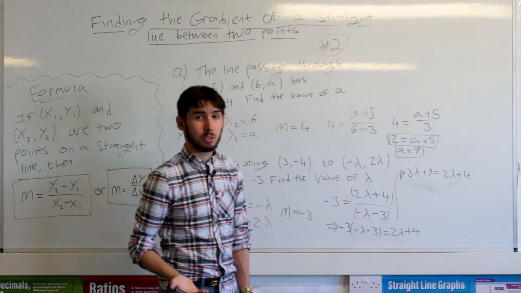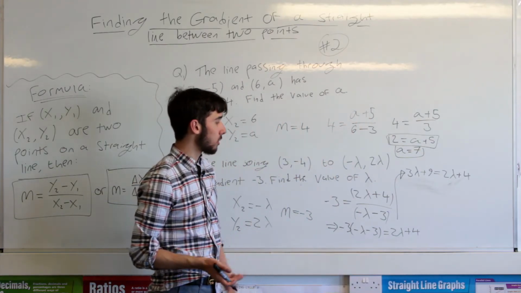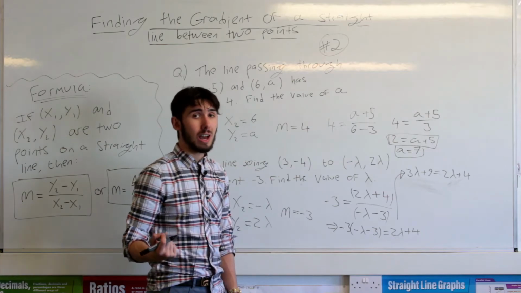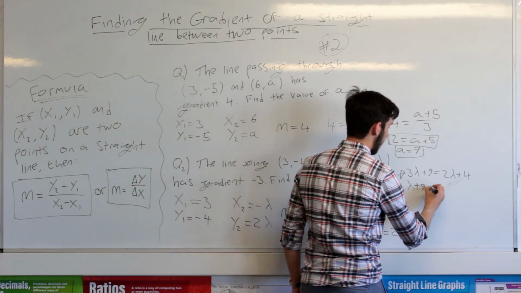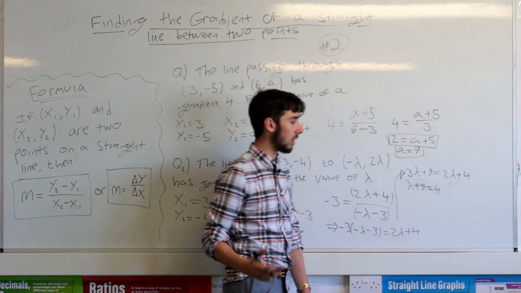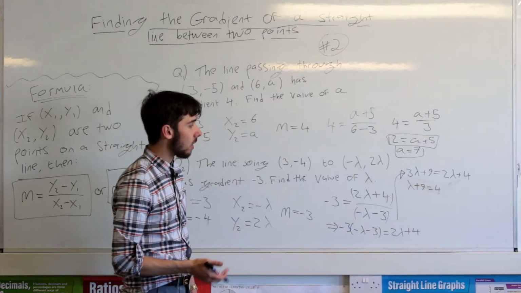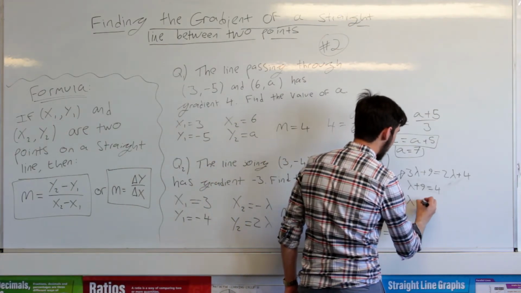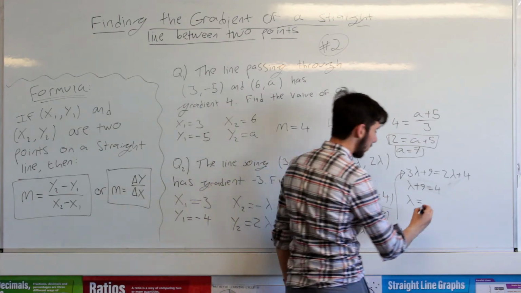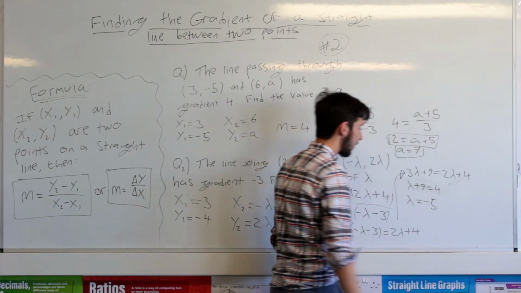Now we just need to make lambda the subject. I'll take 2 lambda away from both sides. So we'll get lambda plus 9 equals 4. And then I will take 9 away from both sides, and we will get lambda is equal to 4 minus 9, which is minus 5, just like that.